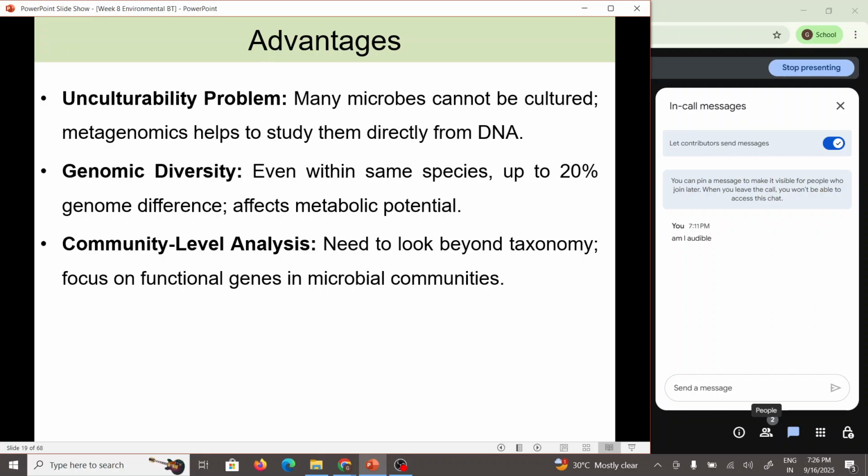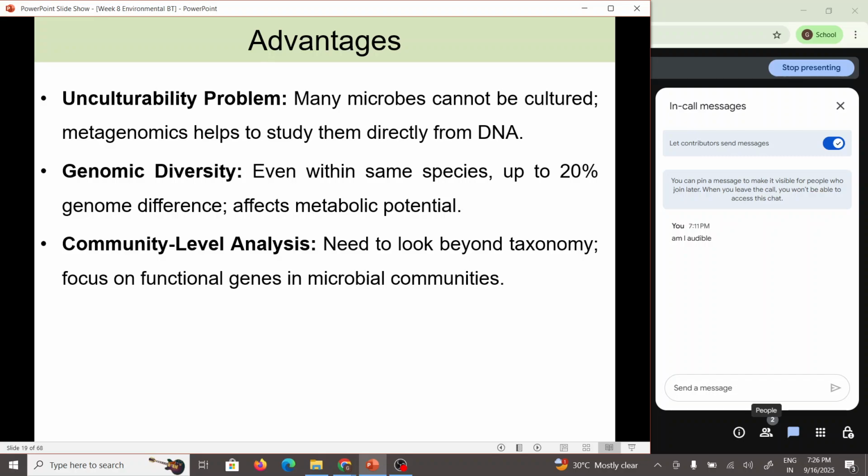We generally know that within the same species, where there is only 20% genome difference, there is a vast difference in their metabolic potential. So this will entirely change our understanding of how the ecosystem functions. Therefore, metagenomic tools are very useful in studying genomic diversity.